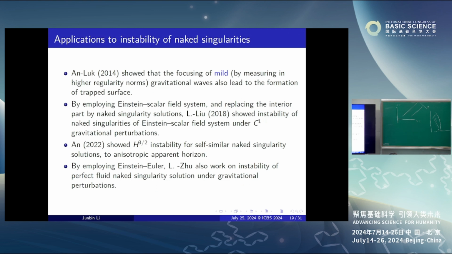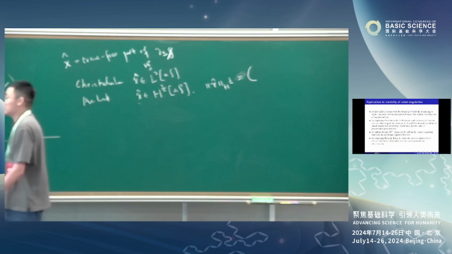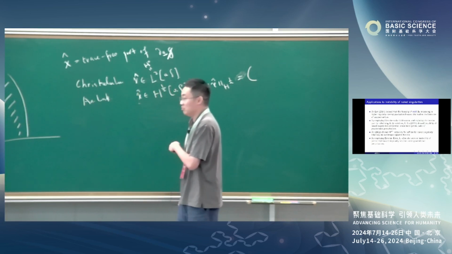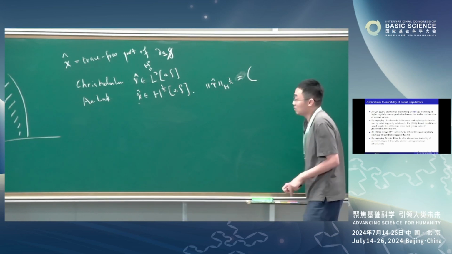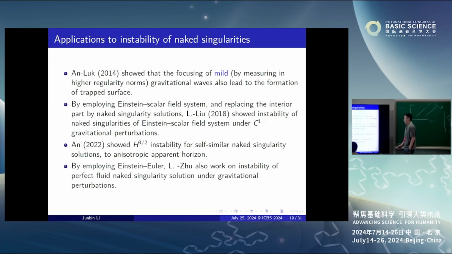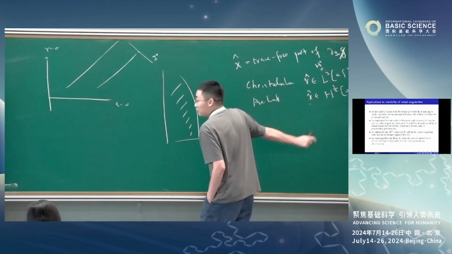It means that this result requires that the H half norm of chi hat is large, and this means that the C0 norm of chi hat is small.